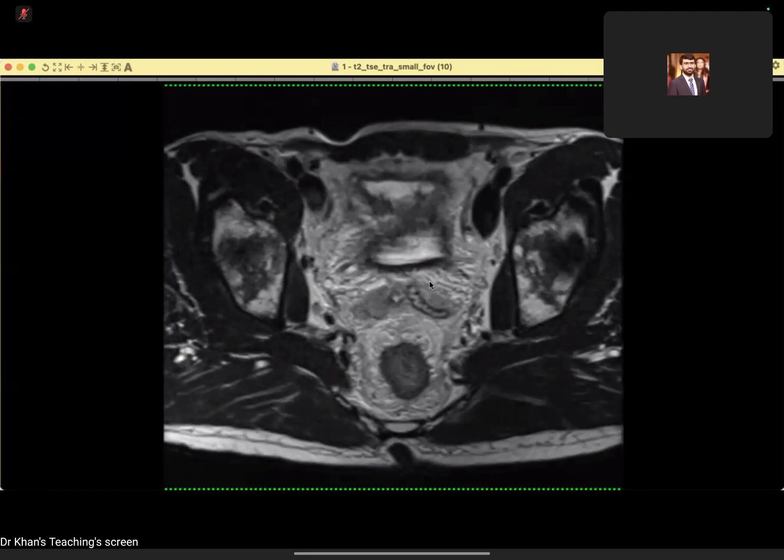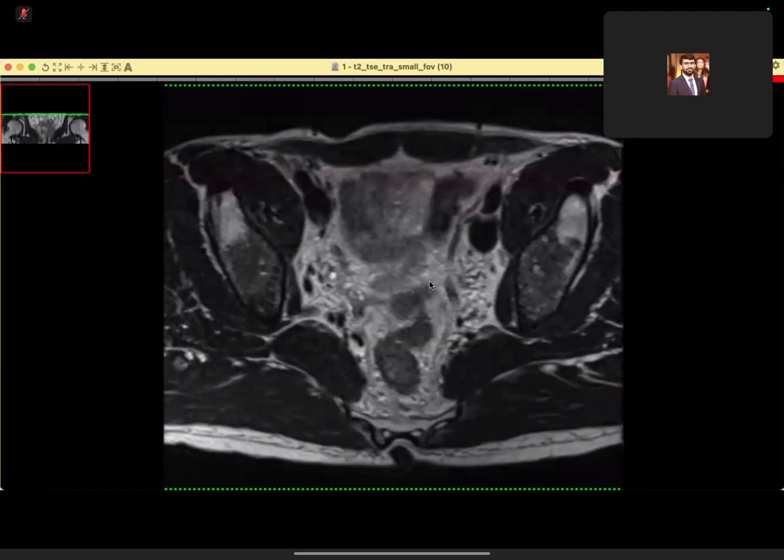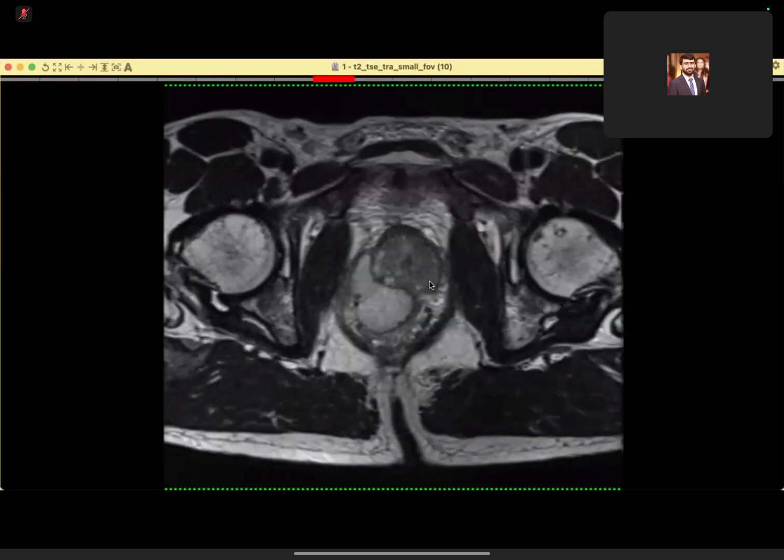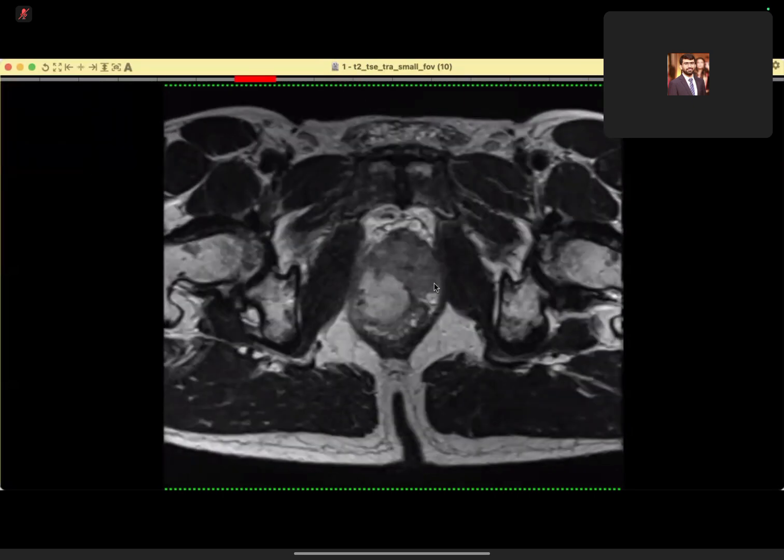Sir, these are the T2 weighted MRI images of the pelvis of a male patient, and I am scrolling through the images.